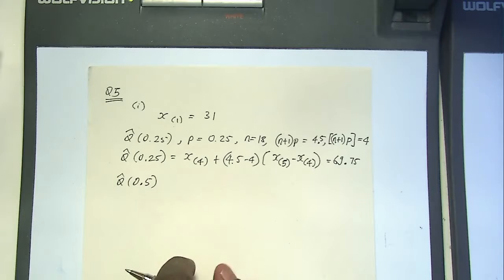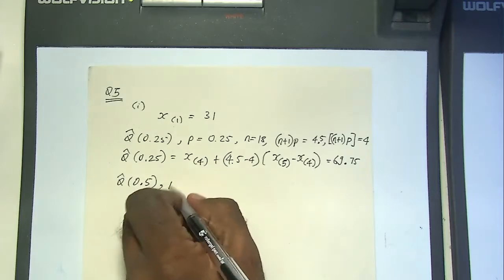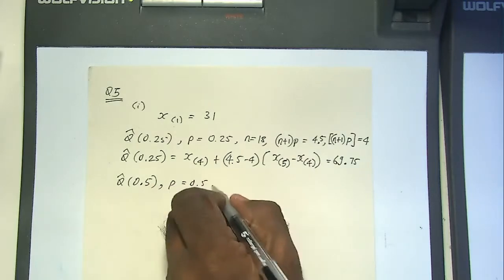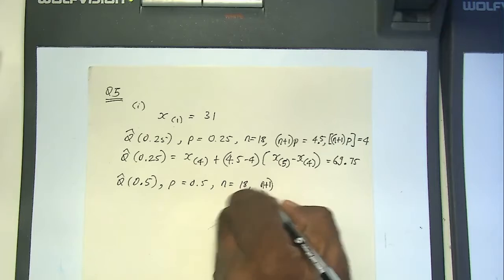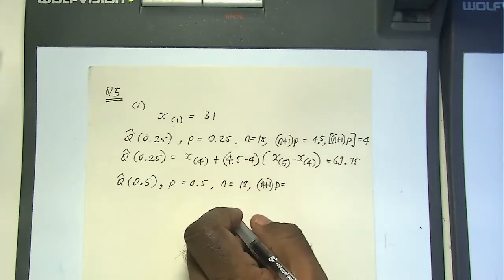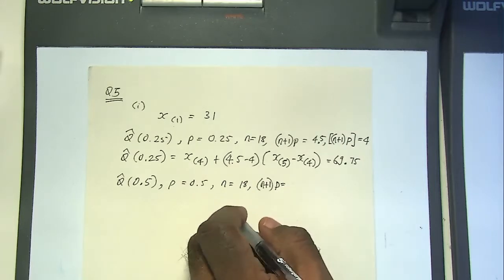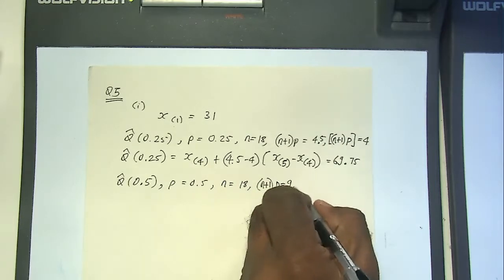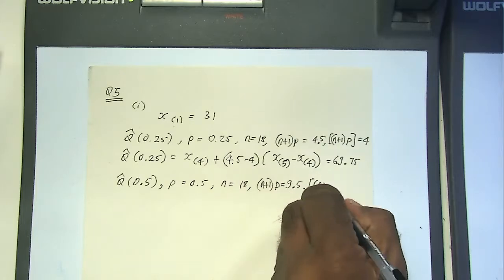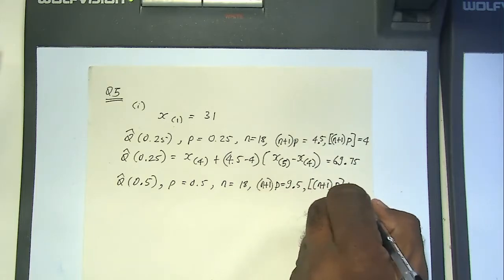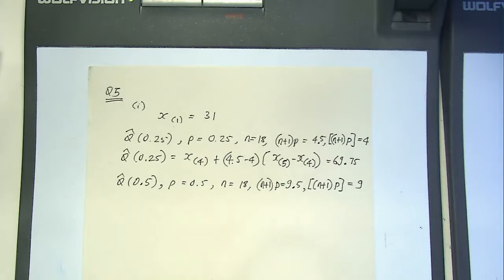The next one is the median, right? So your P is half, your N is 18, your N plus 1 times P is 19 divided by 2, which is 9.5. Okay, and the integer part is 9, right?